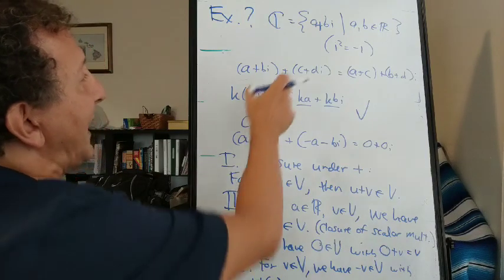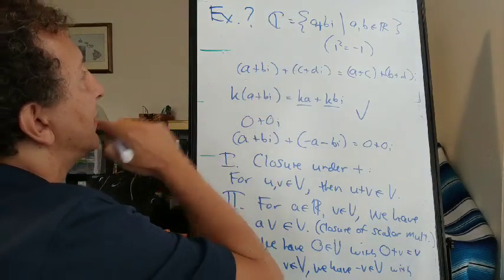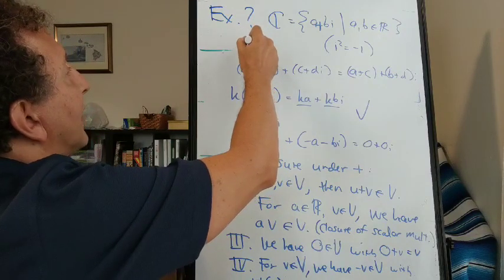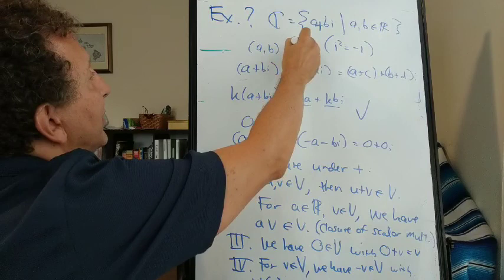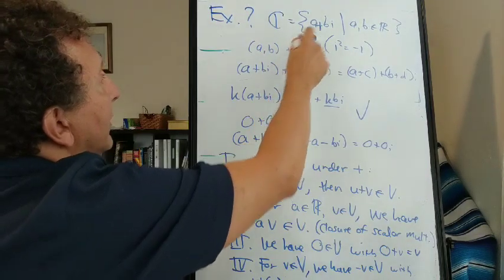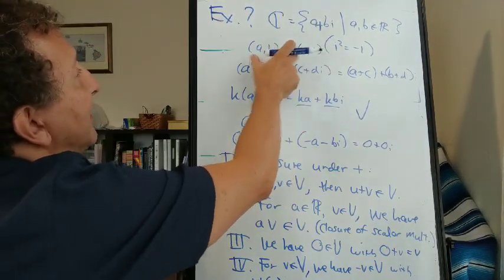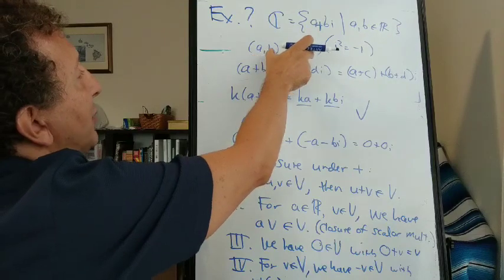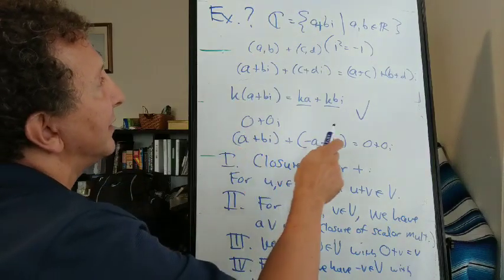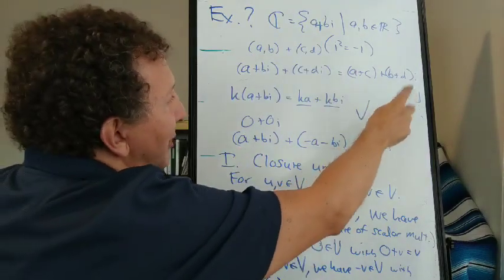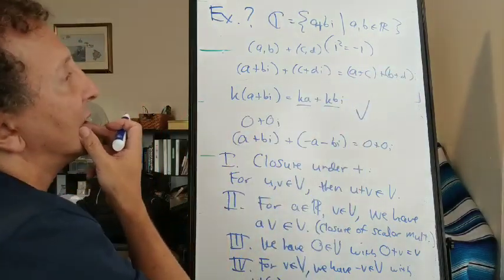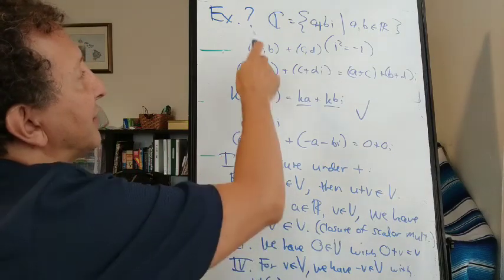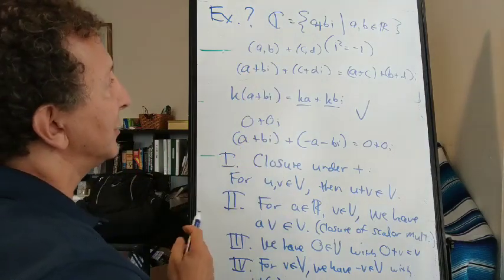And actually, when we add complex numbers together, that is a lot like adding pairs of real numbers. (a, b) plus (c, d) gives us (a plus c, b plus d). So the real part and the imaginary part are really just two holding places, just like first position, second position in R2.